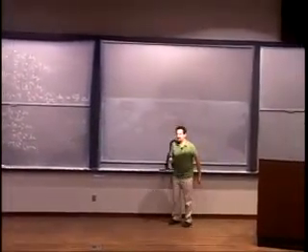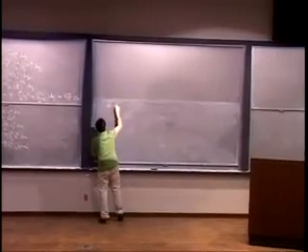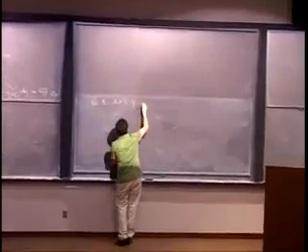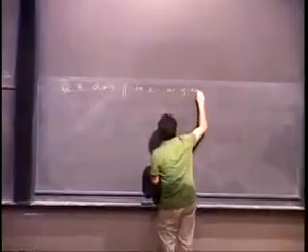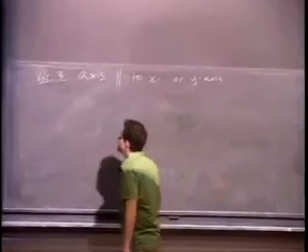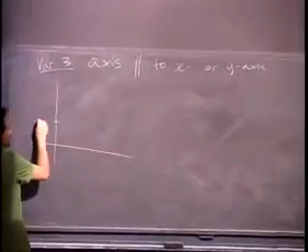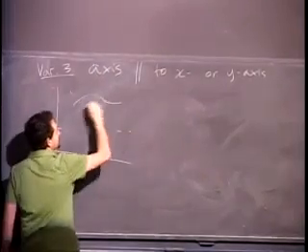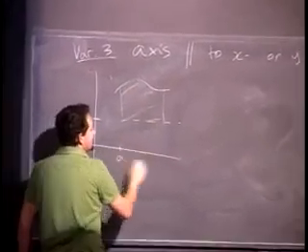All right, so variation 3. Axis is parallel to x or y axis. So the situation I'd like to consider is where, again, we have y equals h, and again we have some curve like this, from a to b.